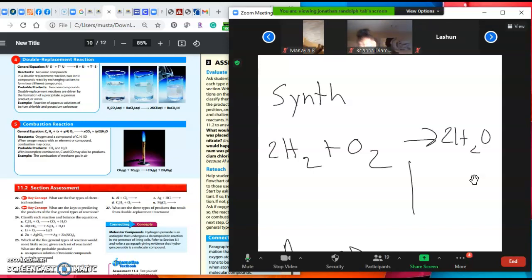On a decomp, start off with H2O2 and it yields H2 plus O2. 2 there. And you just notice that you go from having one single and it becomes 2 different individual atom types.